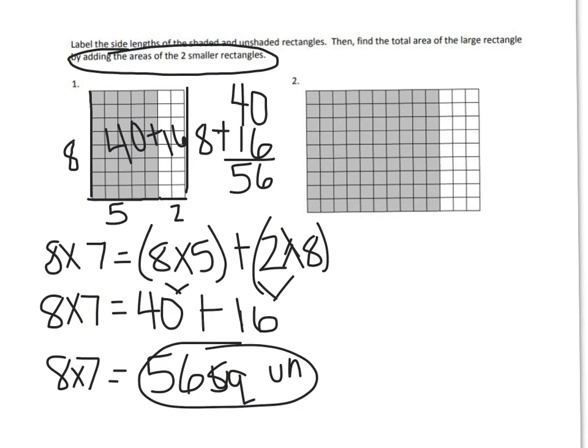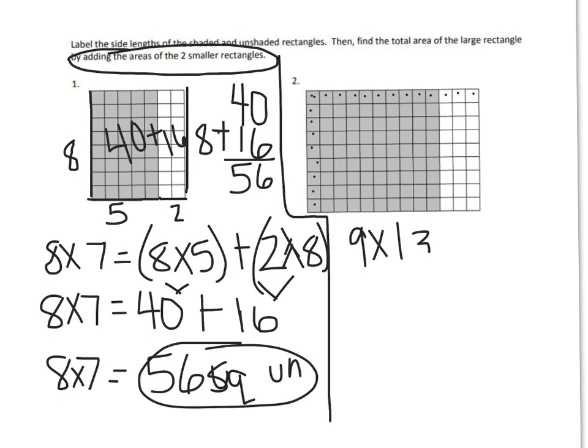Let's look at this second one. I'm going to make a line so it doesn't get confusing. The total area of the entire rectangle, let's count those units. 1, 2, 3, 4, 5, 6, 7, 8, 9. 9 times 1, 2, 3, 4, 5, 6, 7, 8, 9, 10, 11, 12, 13.